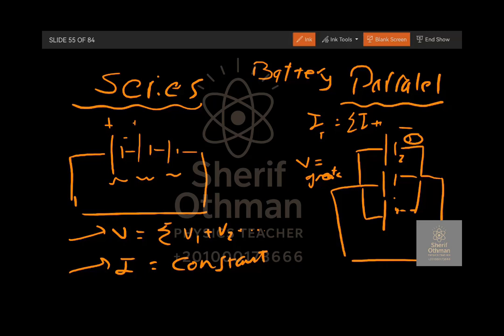Here in parallel connection, I'm going to connect all of the positive poles together and all of the negative poles together, then insert them inside the circuit itself. This type of connection aims to increase the current intensity while keeping the voltage at the greatest value of any cell. So I in parallel connection is the summation of the I's, while V is the greatest value.